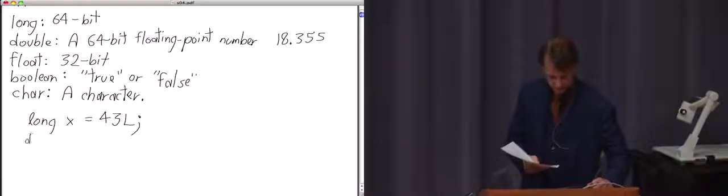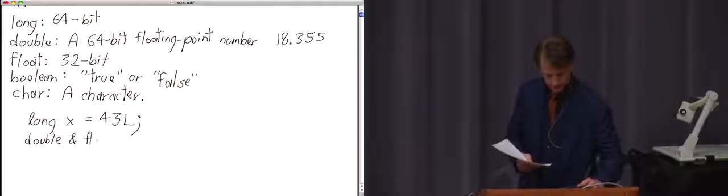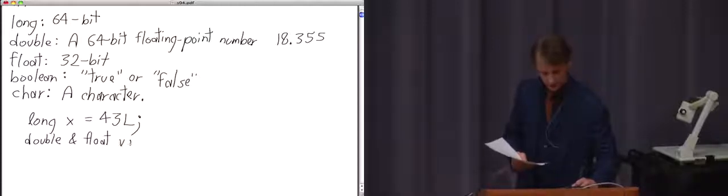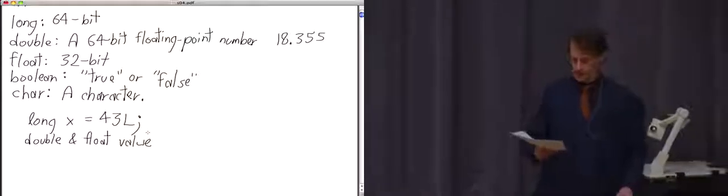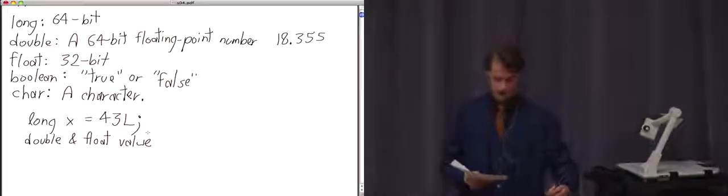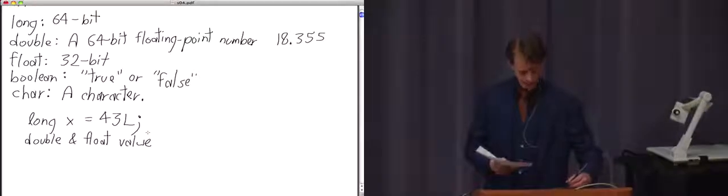And another convention that Java inherits from C is that when you write a double or floating point value, meaning an actual number, not a variable, then to let Java know that it's a floating point number, it must have a decimal point.